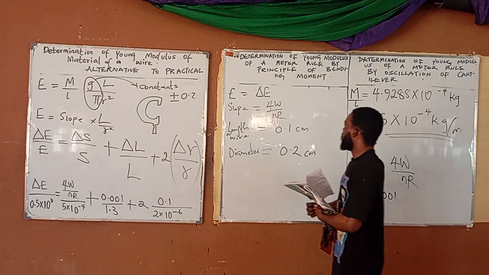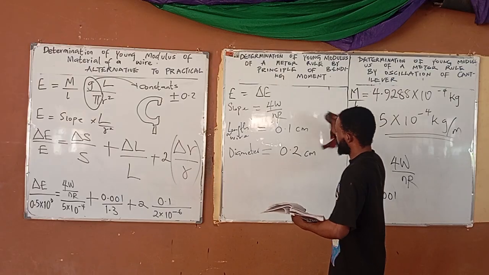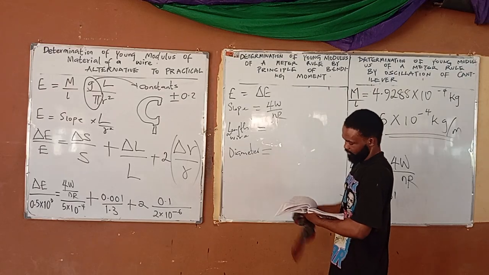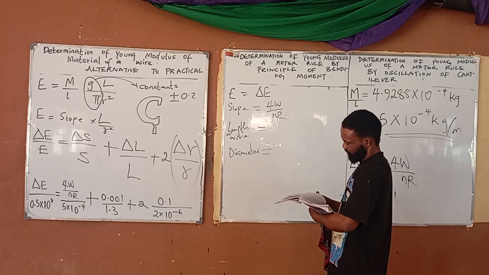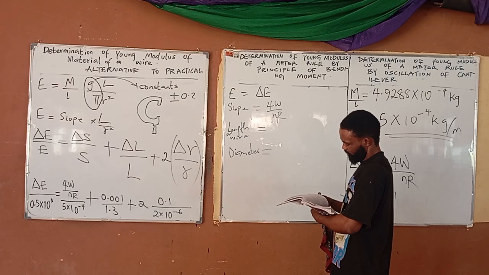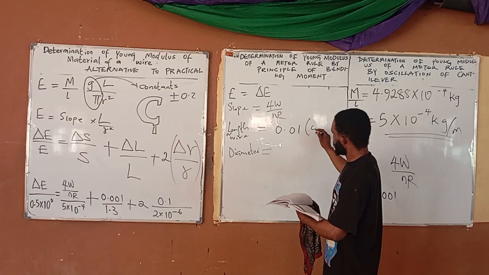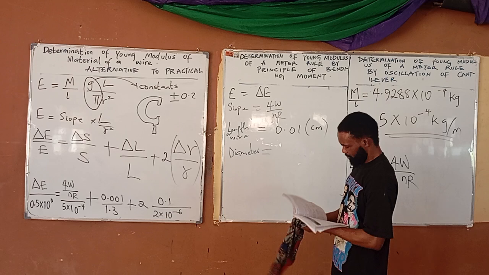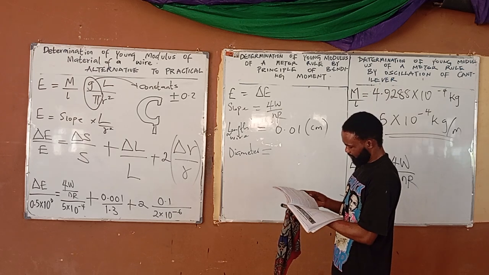So this one here is in cm, so we are going to convert from cm to meter. Unless you want us to use cm, then when you get home, you convert to meter.